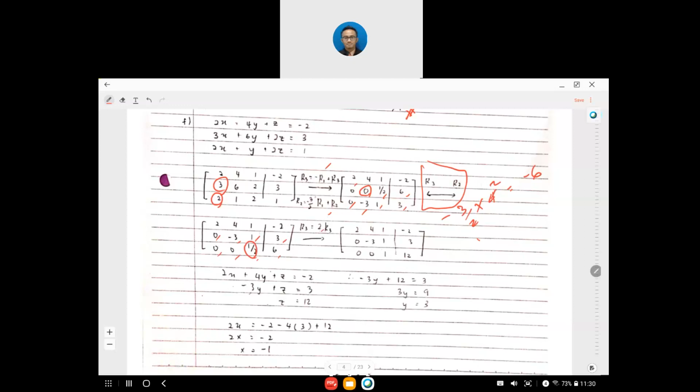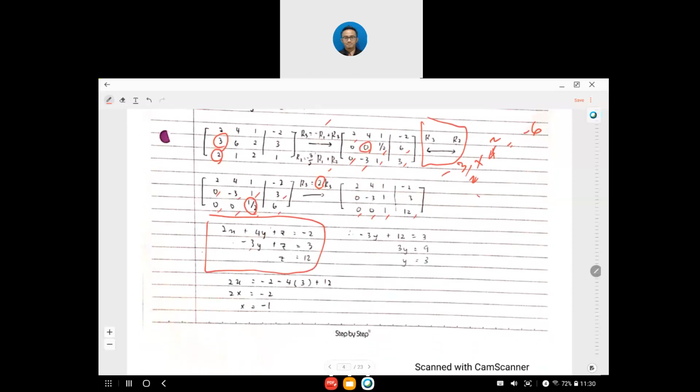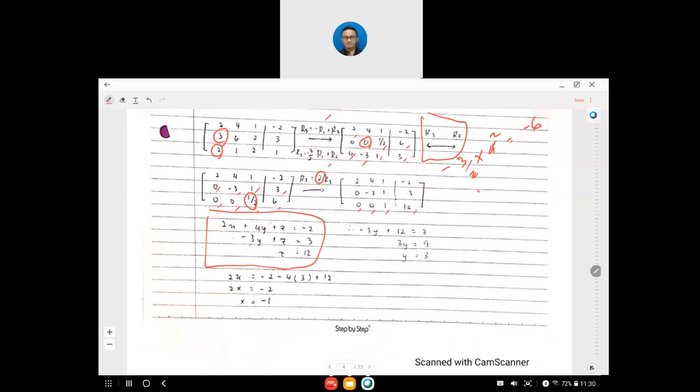And then you times by 2. So you can get 0, 0, 1, 12. So you have this linear system. So Z equals 12.